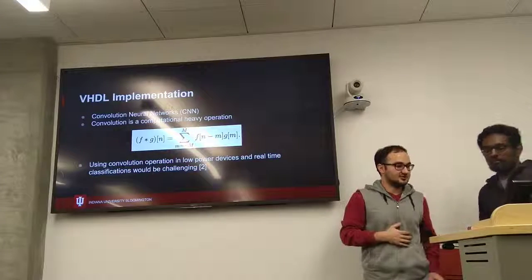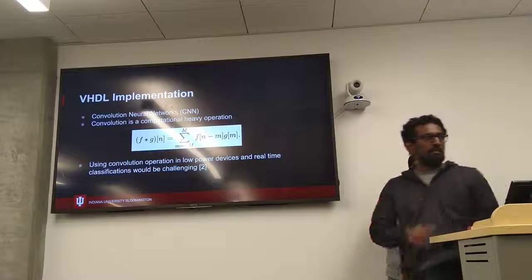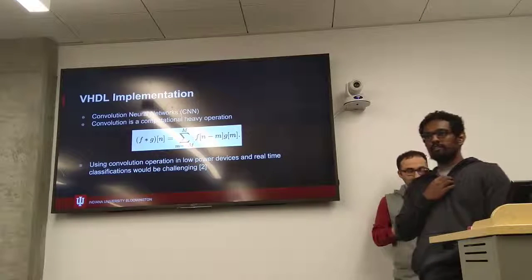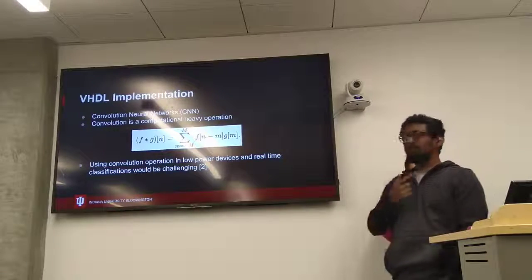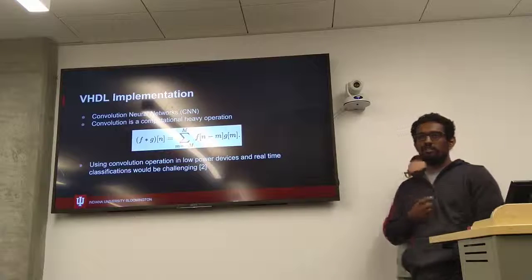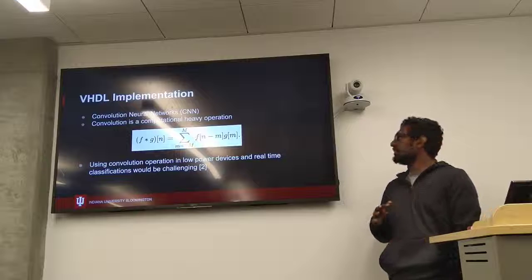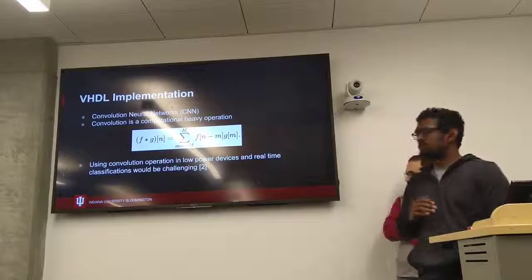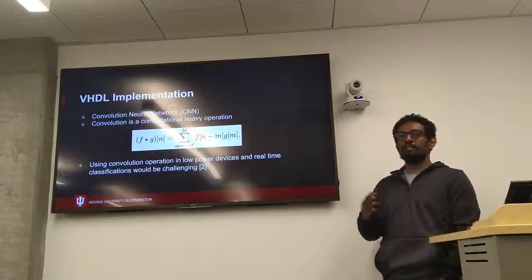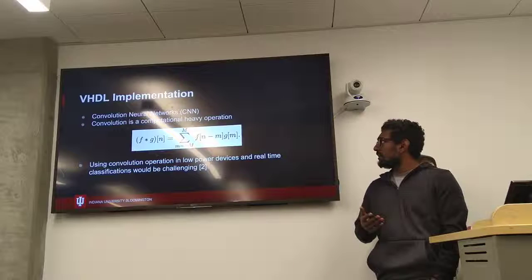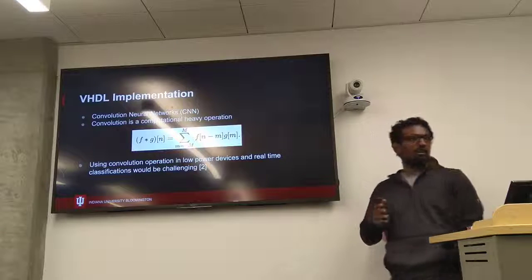Okay. Hi, my name is Niranda, and I will explain the VHDL implementation. As the previous group also mentioned, we will be venturing into a very similar approach where we are using the XNOR operation and popcount for our implementation.